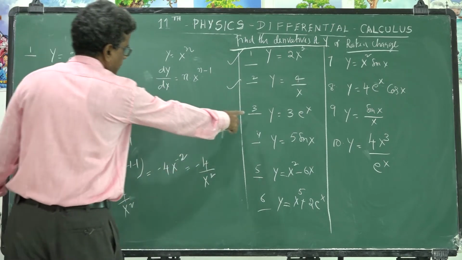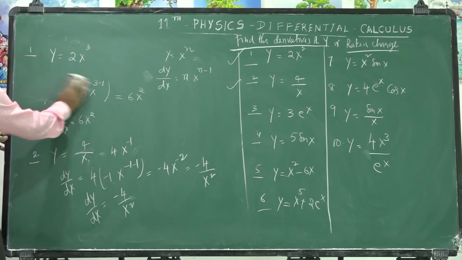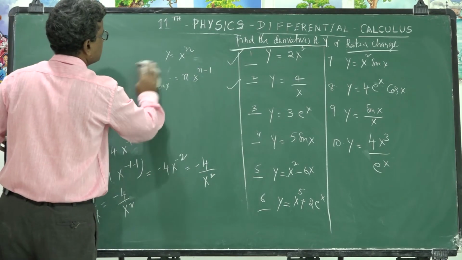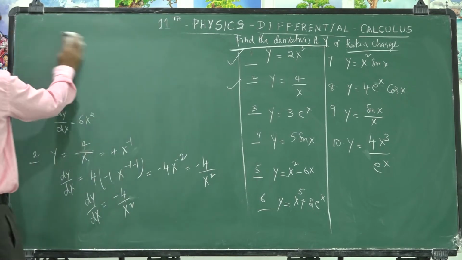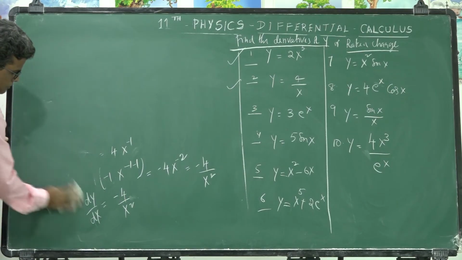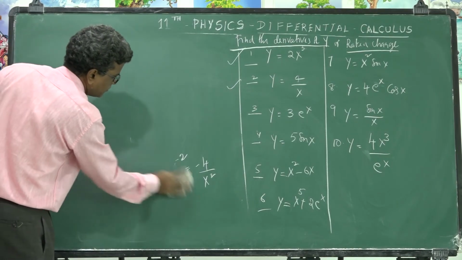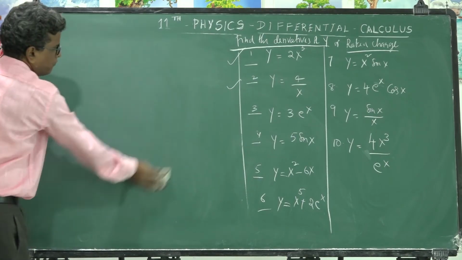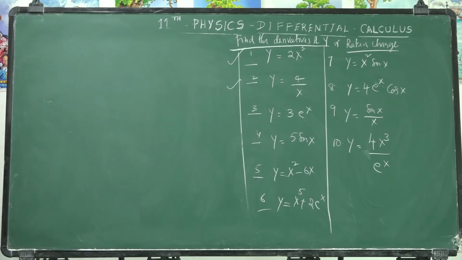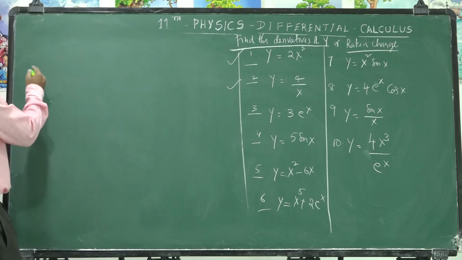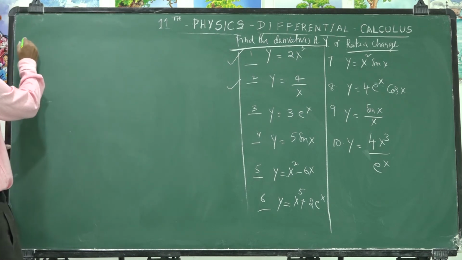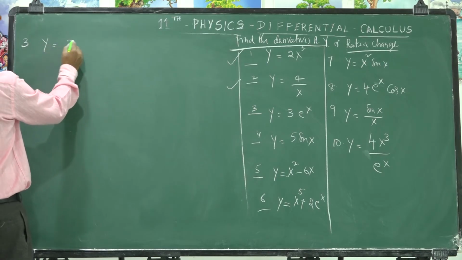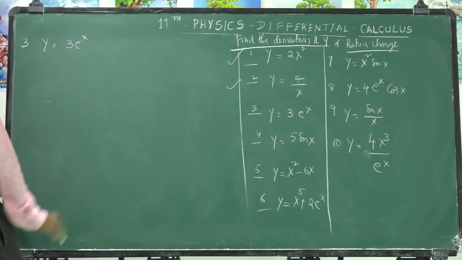Next, third one. y is equal to 3 e to the power x.